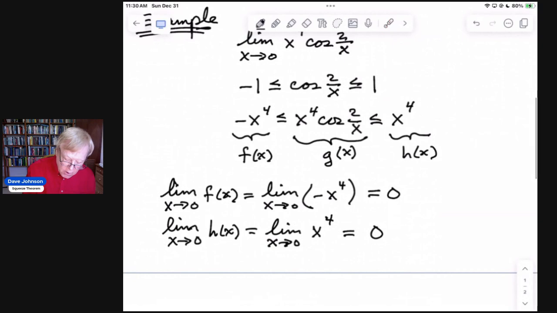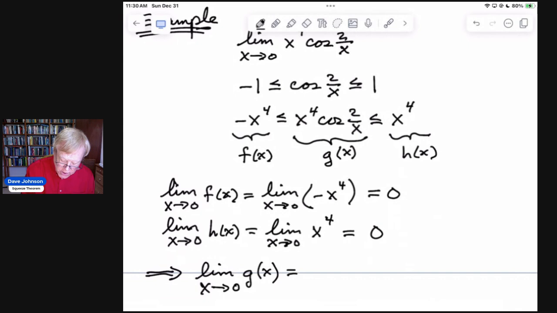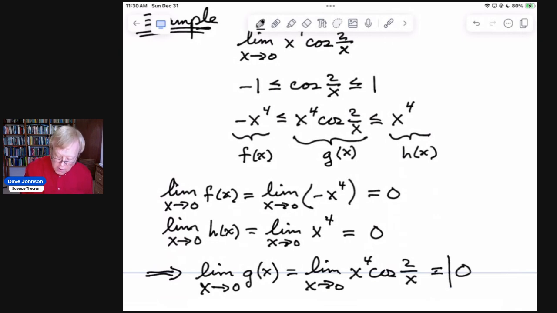So therefore, I can write that the limit as x approaches 0 of g of x, which is the limit as x approaches 0 of x to the fourth times cosine 2 over x, is going to be the same as what we got for the other limits. So our answer is 0.